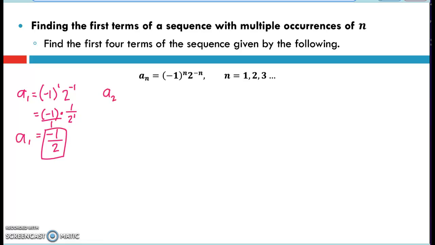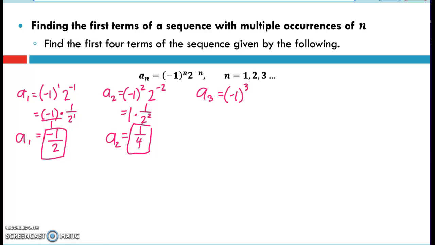Our second term we're going to find the same way, but now anytime we see n, we're going to plug in a 2. So we get -1 squared, which is a 1, times 2 to the -2, which is 1 over 2 squared. So here we end up getting 1/4 for our second term. Our third term, let's find it the same way. We get -1 cubed times 2 to the -3, which is -1 times 1 over 2 cubed.